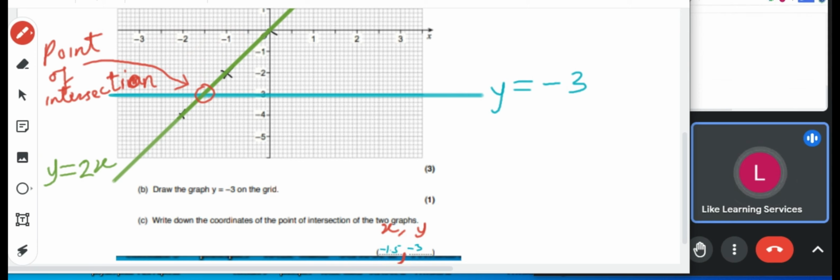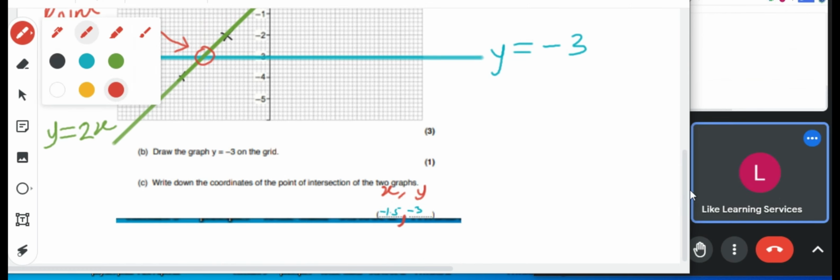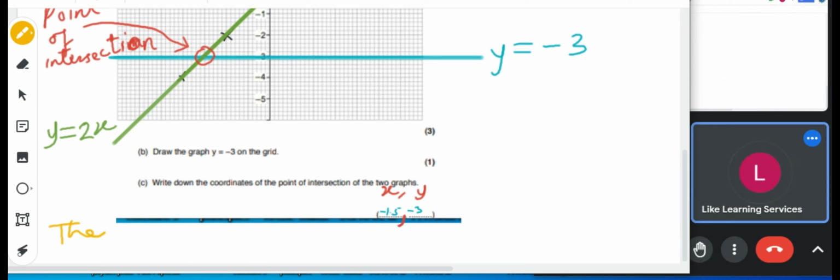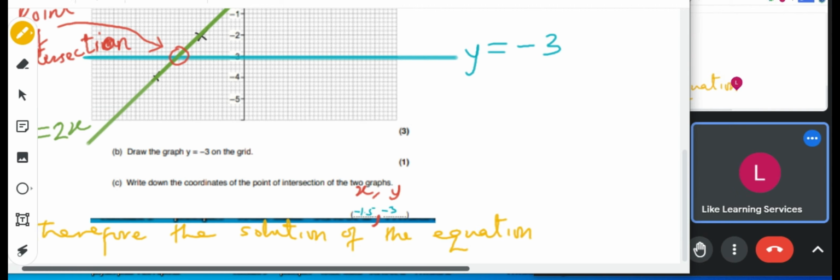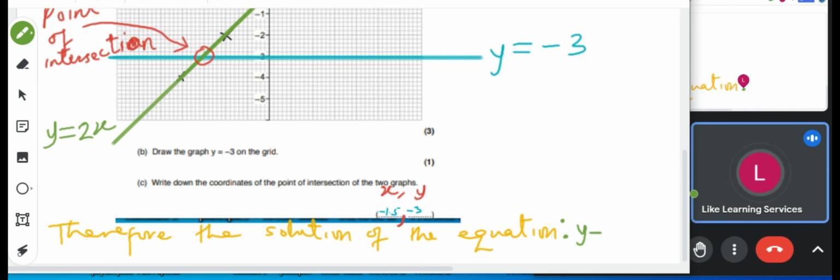I just need to tell you that sometimes they may ask you the solution of the equation. Therefore, let me write it down here as we conclude. Are you listening? The solution of the equation 2x equal to minus 3.